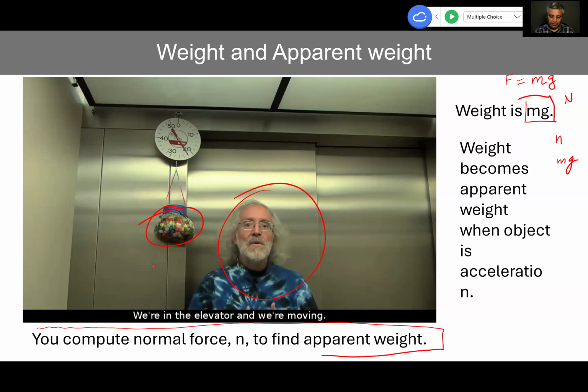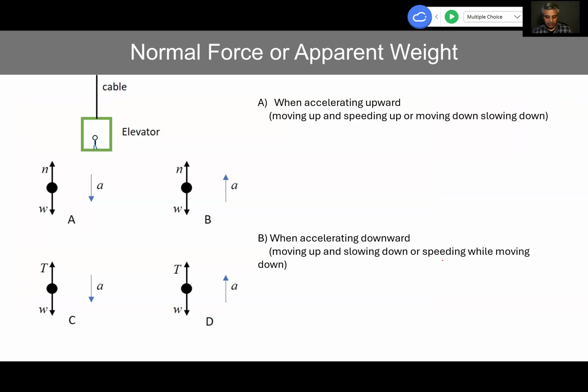So how do you draw a free body diagram? Here is a very similar exercise that we did. Before, the object of interest was the elevator. Now it's not the elevator, it's a person or object on the elevator.